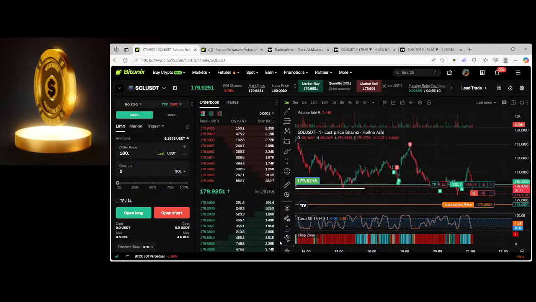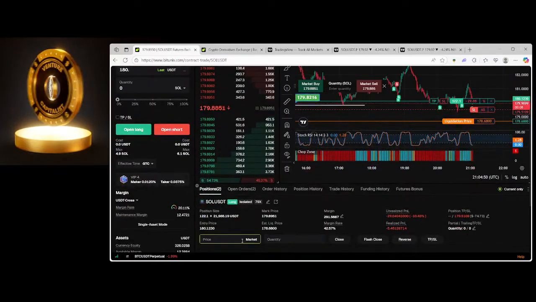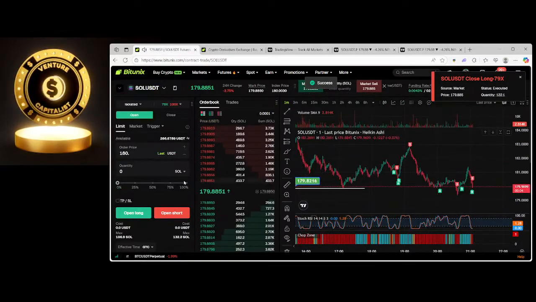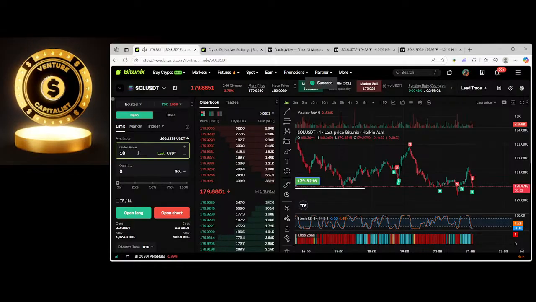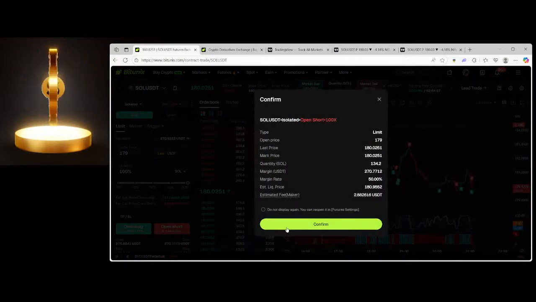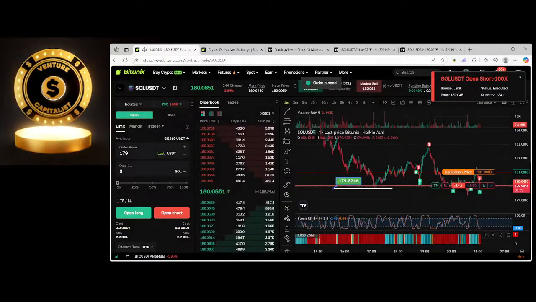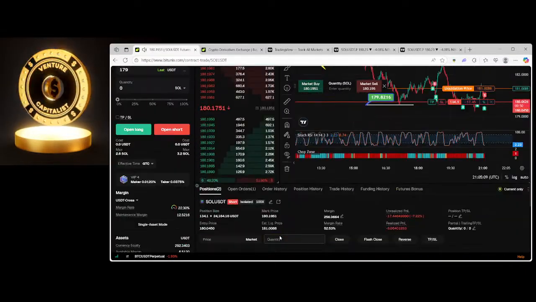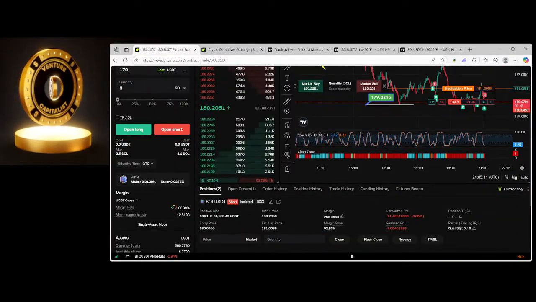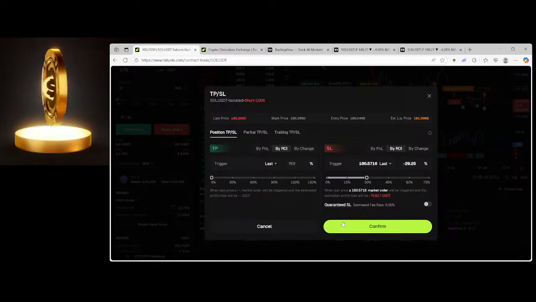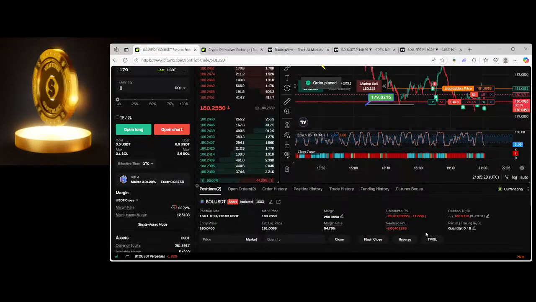Because we can see right now that the market has a 4-hour pullback, and the paper hands are kind of sliding in here. But right now, if you're holding a long position in there, it's not a bad spot to hold because you have a lot of support there.